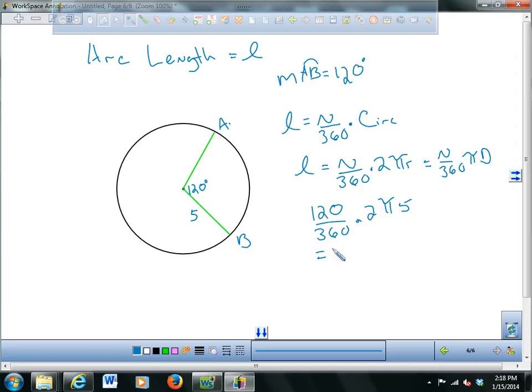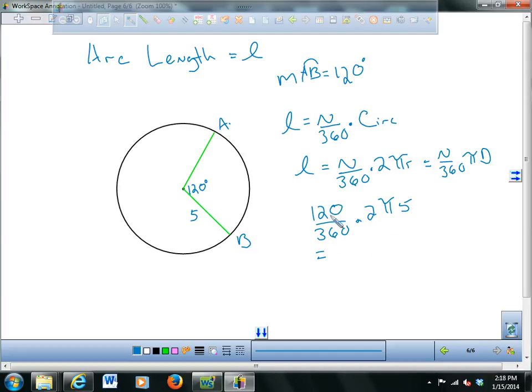How come it's 2 pi r and not 2 r pi? Why is it 2 pi r? Because these are both constants, and mathematically you like to write the numbers before the variable, okay? And so r is the variable, and 2 and pi are constants. And so that's just by convention, it's easier to do it, okay?